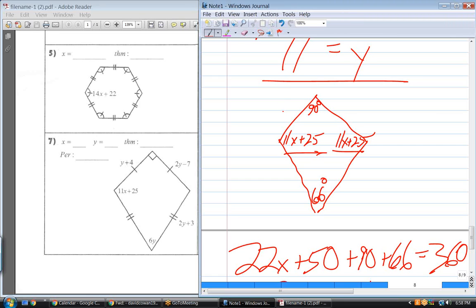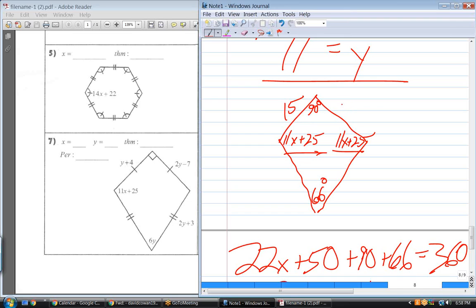What's that side equal to? That's y plus 4. What's y plus 4? Y is 11, so 11 plus 4 is 15.